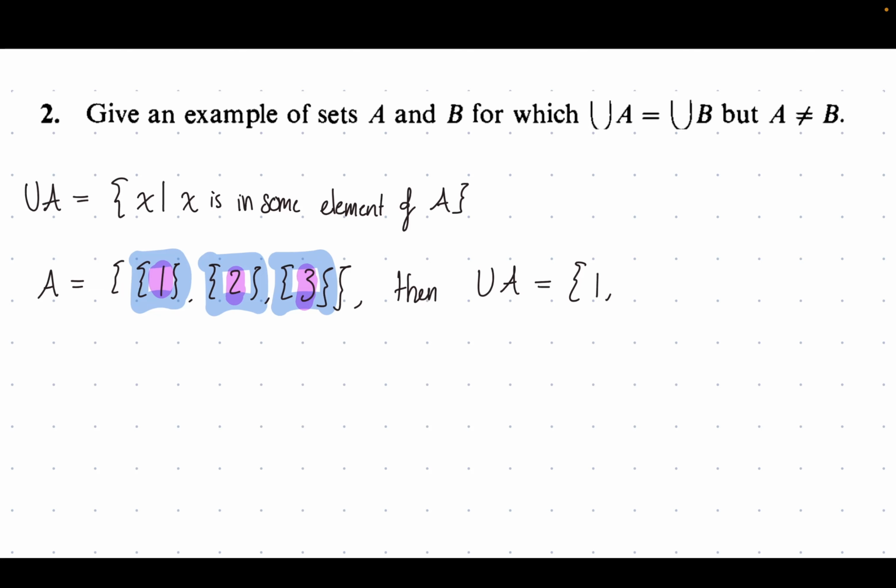So the union of A is going to be {1, 2, 3}. That's pretty simple, right?